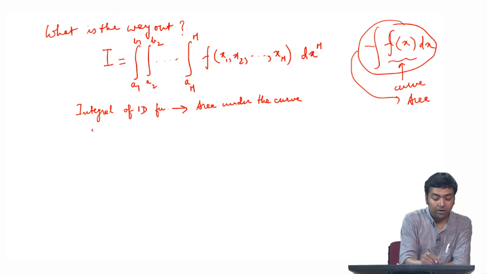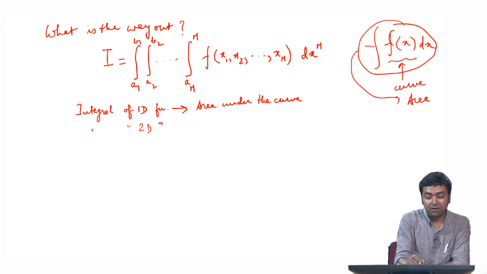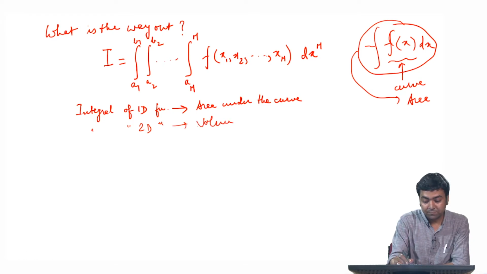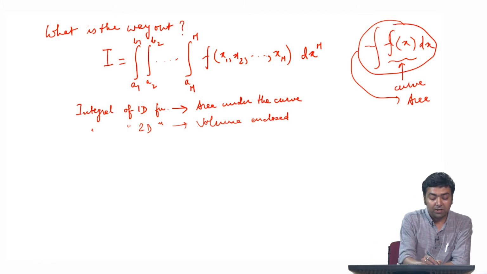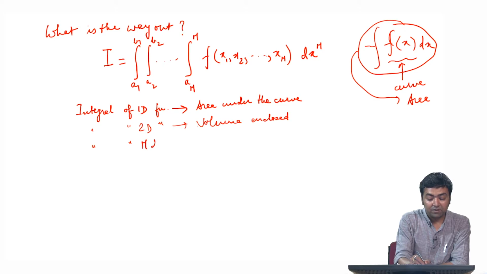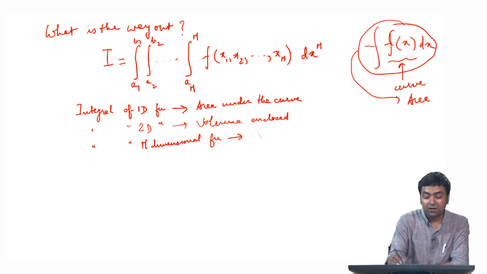The integral of a 2D function gives me the volume enclosed there. Now, suppose I have an m-dimensional function. I can generalize this: the integral of an m-dimensional function gives me an (m+1)-dimensional volume.